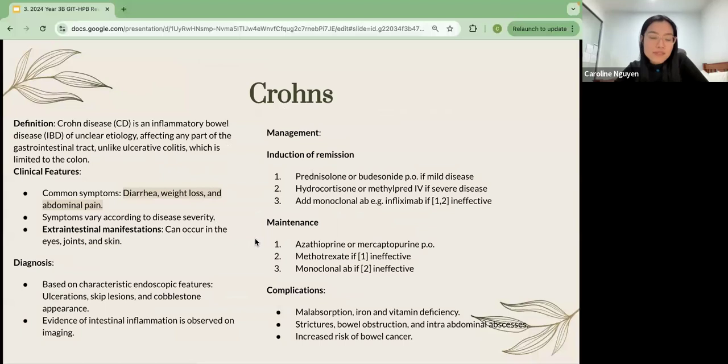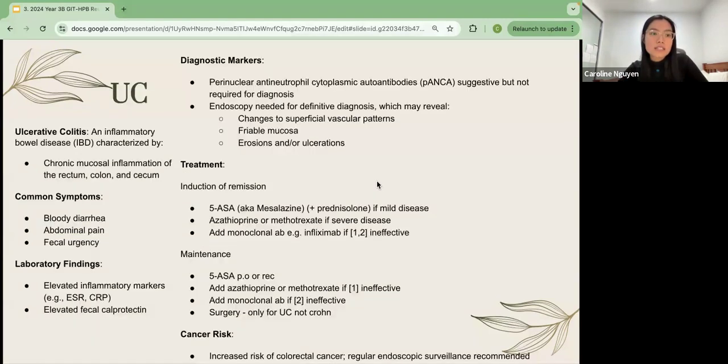The symptoms are relatively similar in that there's diarrhea, weight loss, abdo pain. The main difference is that Crohn's has extra-intestinal manifestations, especially through the eyes, the joints, and the skin. So in the eyes, it's uveitis, joints, arthritis, and skin, random rashes. Whereas ulcerative colitis does not have those symptoms.